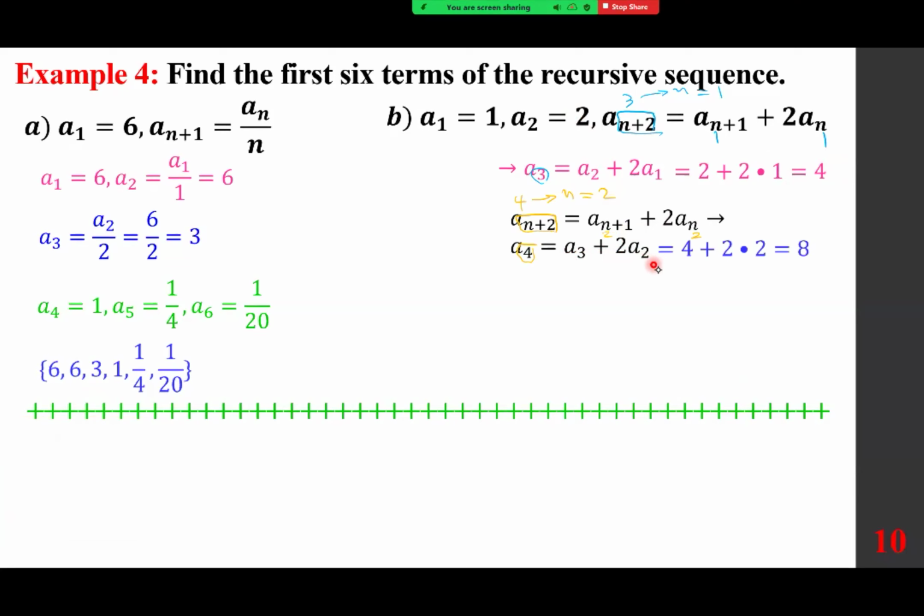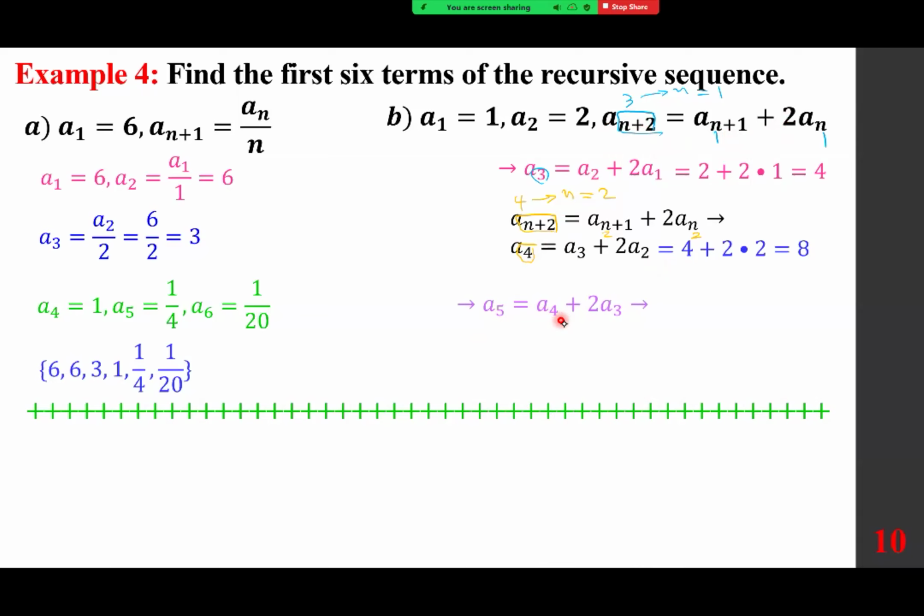A sub 5. According to this formula, I want a sub 5. I want the previous one, a sub 4, plus 2 times the one before that, a sub 3. Or just like I said, n plus 2 is 5, n becomes 3.